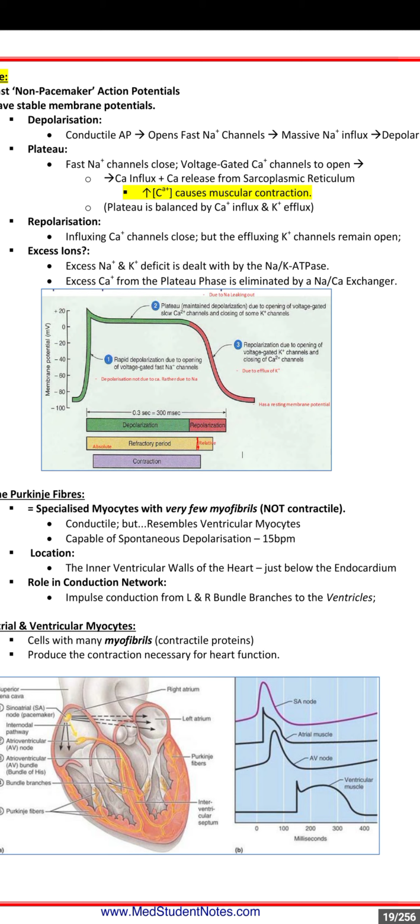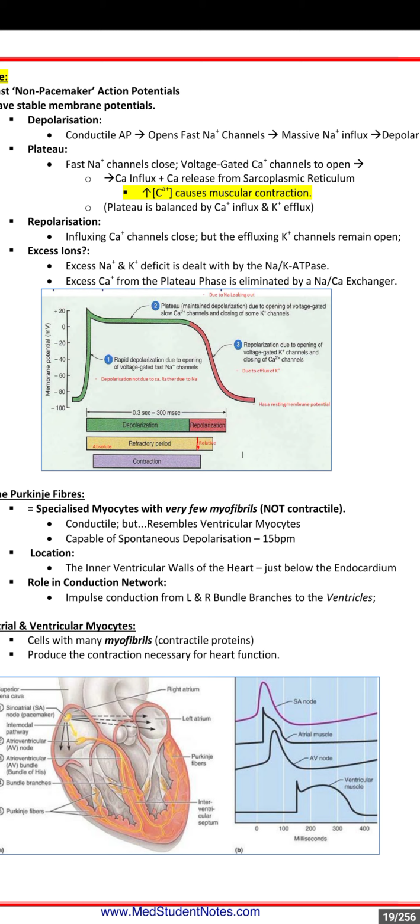The voltage-gated calcium channels open, and this causes calcium influx, plus the calcium release from the sarcoplasmic reticulum. So the fast sodium channels close, the voltage-gated calcium channels open, and this causes muscle contraction.